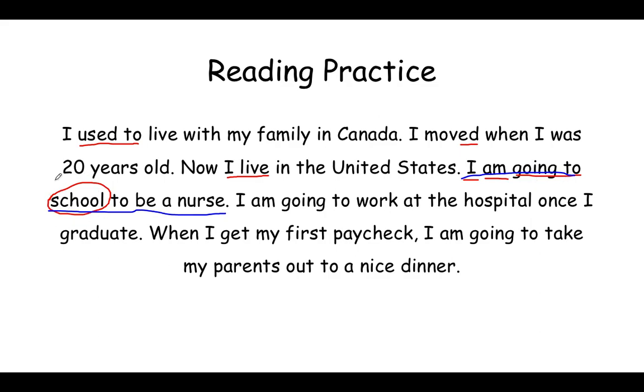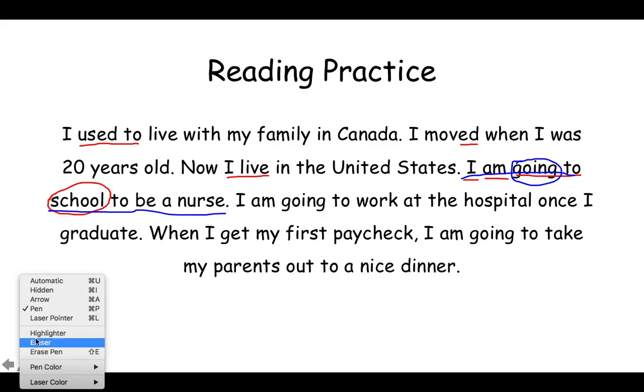Instead of using a verb in the simple present tense after going to, because it's a noun, meaning a person or a place or a thing, and not an action word, it means that the verb that is telling us what time this is happening is this one right here, going. And we know that ing at the end of a verb means that it's continuous, or it's a progressive verb, meaning that it's ongoing. It's happening right now and it will happen in the future. I am going to school to be a nurse.